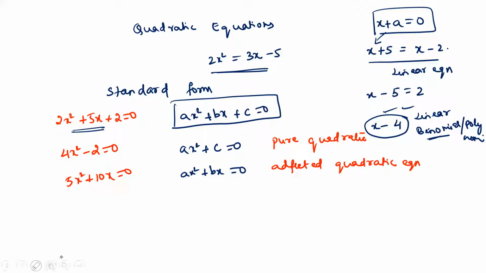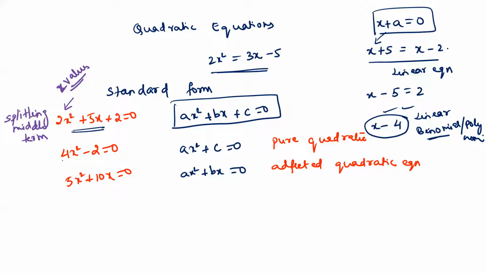Splitting middle term method, ma'am. Trinomial method, right? Yes, ma'am. In order to get the value of x, because the highest power is 2 here, we will have two values of x, right?